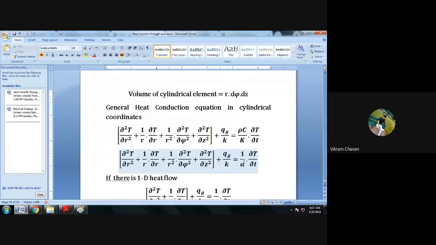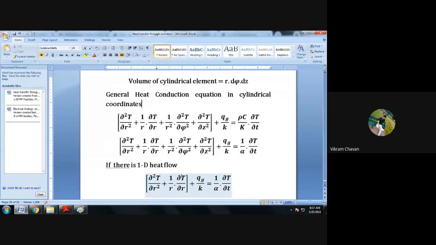Now next we have considered one-dimensional heat flow. In that case we have considered that heat is flowing from the center axis of the cylinder towards the surface of the cylinder. So we have to consider only one coordinate, that is the r coordinate.